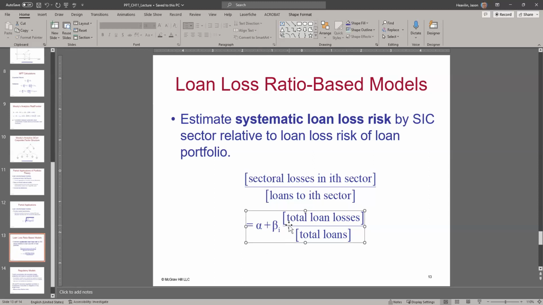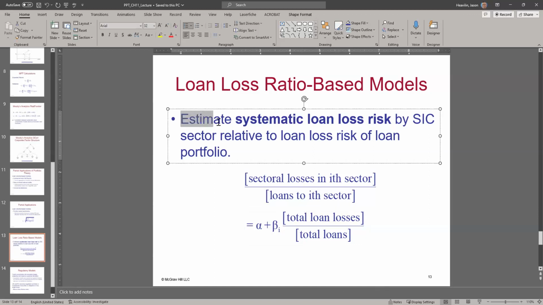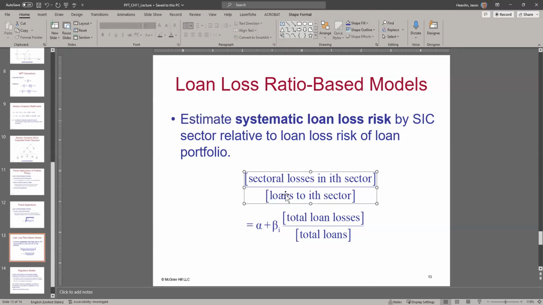Now, this is a regression approach, and then you have a formula where alpha represents the intercept on the y-axis. This beta represents the slope that you will use. So once you have these two values, you can then input the total loan losses over the total loans, and then it estimates this right here. But the keyword here is estimation. So it gives you an average.